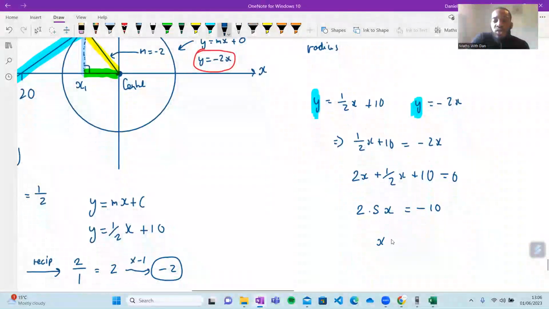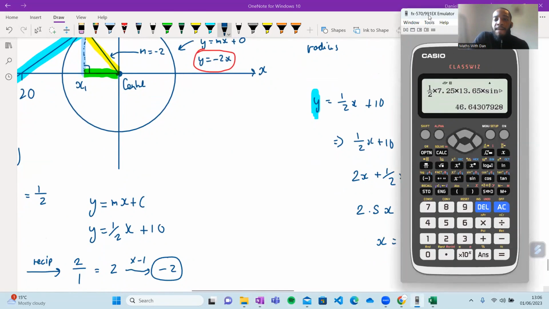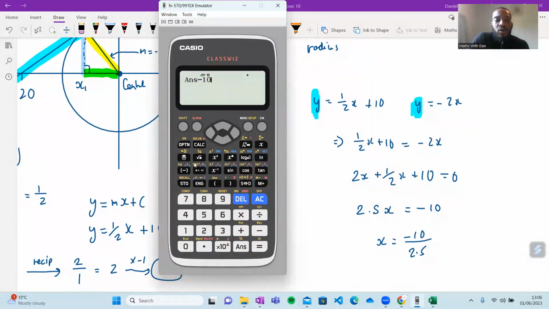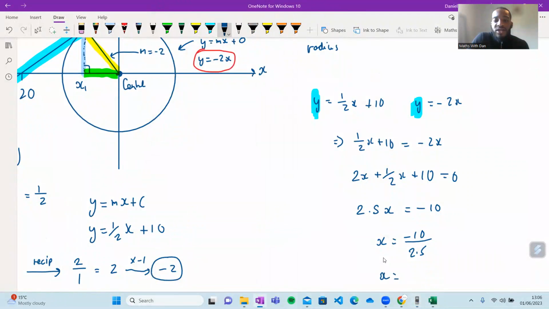And now to get x on its own, we're going to divide by 2.5. This gives us minus 10 over 2.5, and this is equal to minus 4. So x is equal to minus 4.